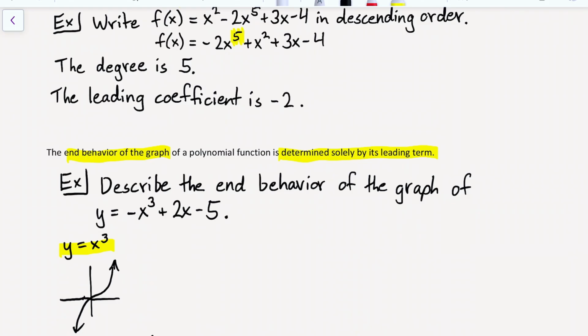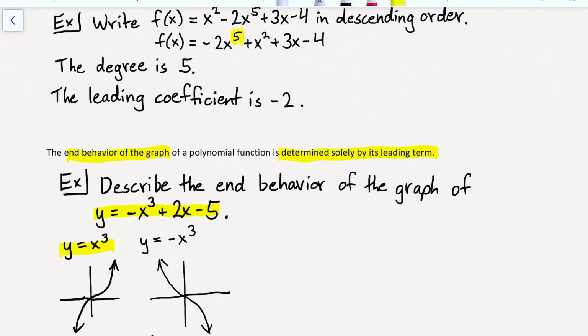Here's the graph of y equals x cubed. And we're performing a reflection on it to get the graph of y equals negative x cubed. The graph of y equals negative x cubed is going to be a vertical reflection across the x-axis.